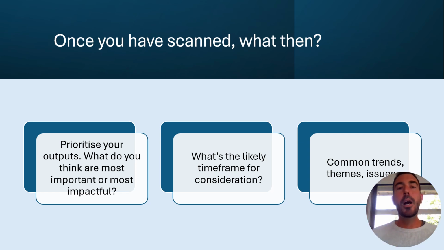And then what's the time frame for consideration? How long would it take you to develop mitigating circumstances, to develop ways of dealing or solving that horizon scan? 5 years, 10 years, 15 years? What do we focus on now in the short term? What do we focus on in the mid-term? And what are our long-term goals?